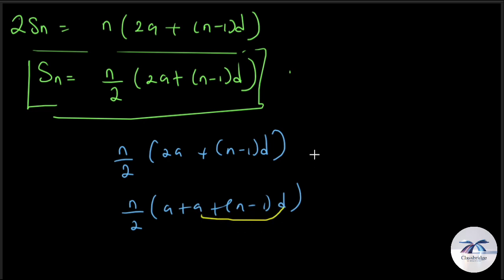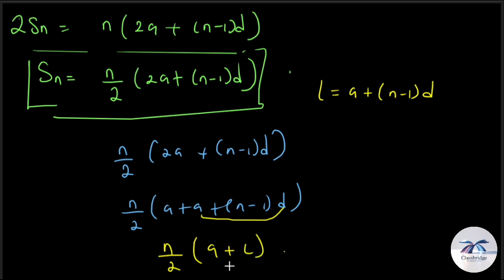This looks like the last term, which is also the nth term of an AP. This formula can be written as n over 2 into a plus l. That is the first term and the last term into n over 2.